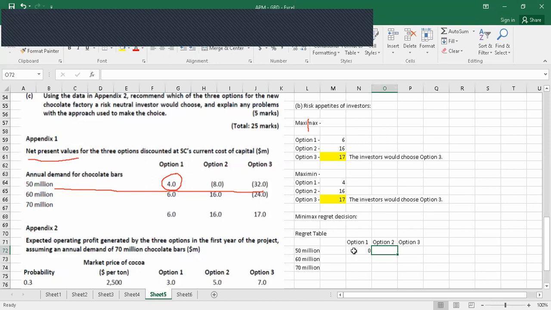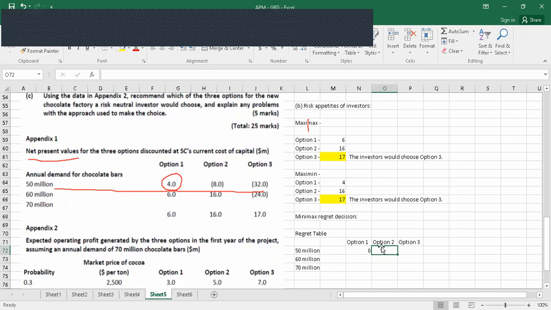But let's say they have taken a decision of going with option 2 and demand is 50 million. So what is their regret? Anyway, the loss is 4, and they also have foregone the benefit of earning 4. So anyway, 8 is the loss and the opportunity cost is 4.